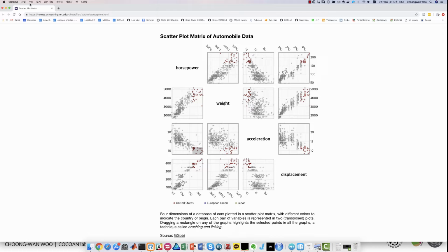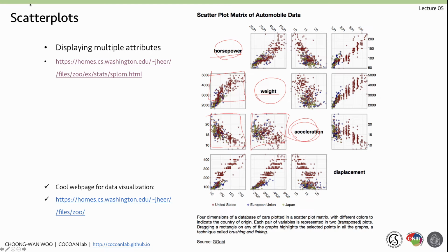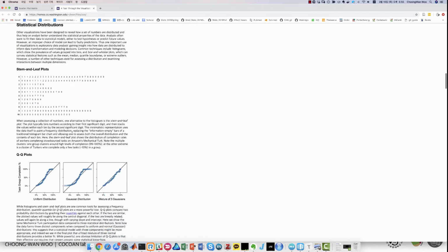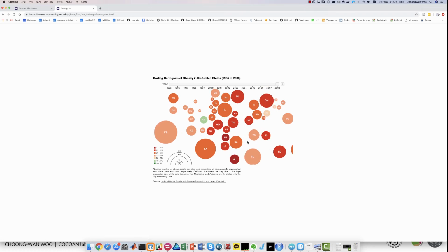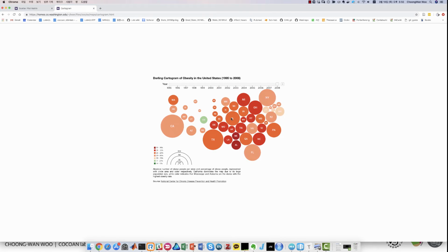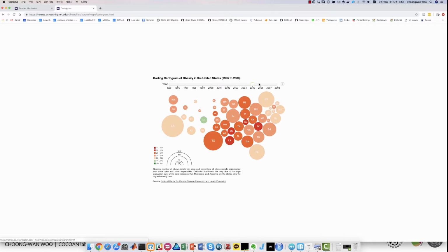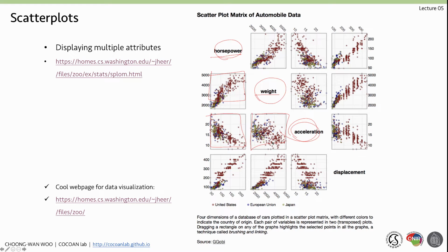And also, this is from this website. This is the whole website that has a lot of interesting visualization styles. It's interesting, right? So you can change the years and obesity rate. So you can explore the website.